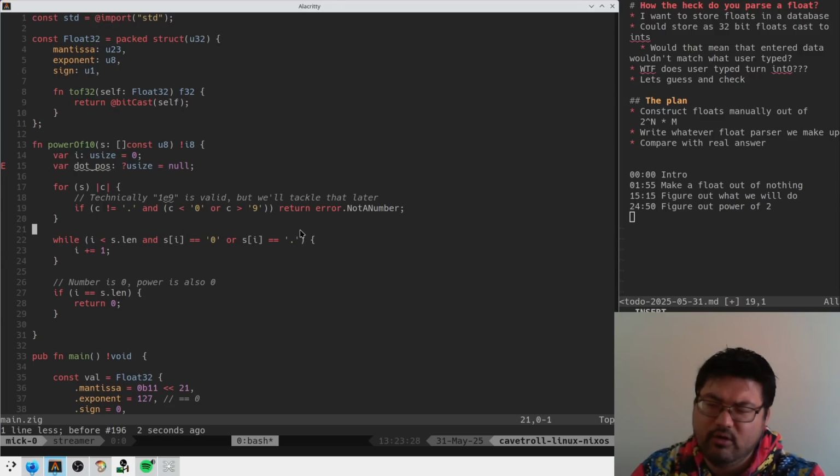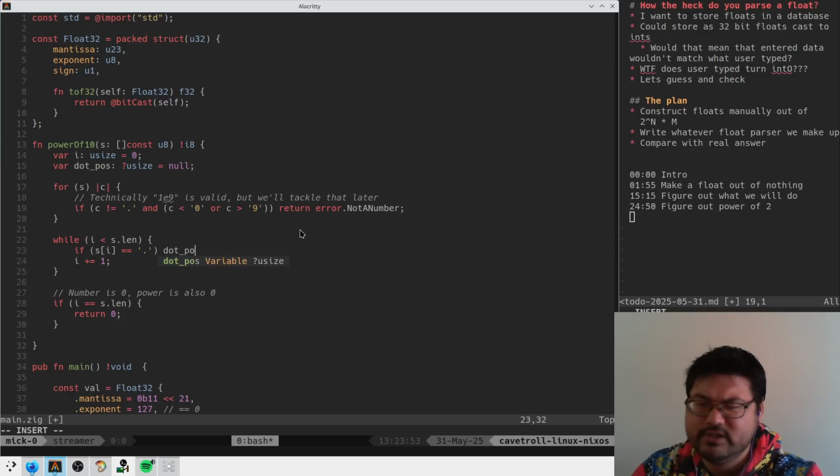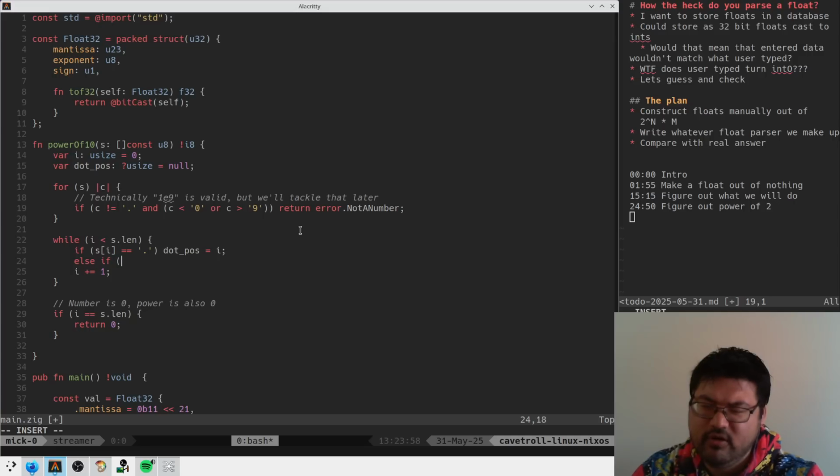While we're iterating, we want to look for the dot. So really this is more like if I is equal to dot, yeah, if I is a dot, we set the dot pause. Else if this is not equal 0, we break.